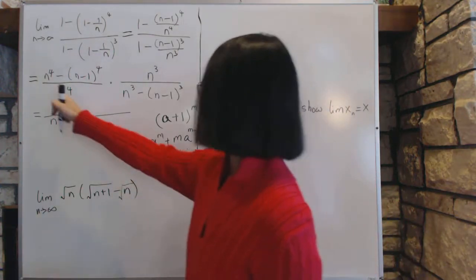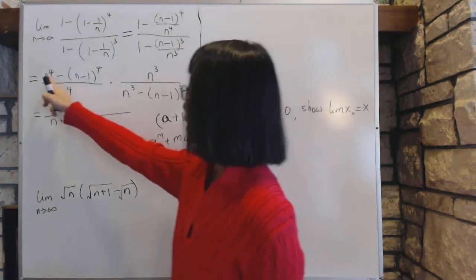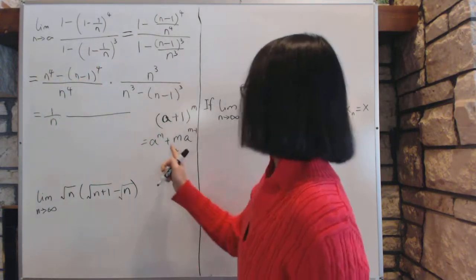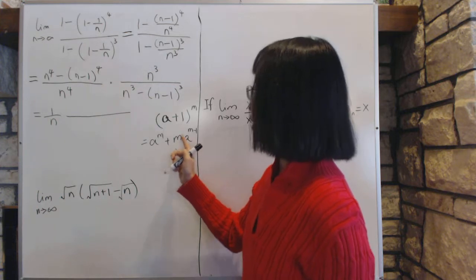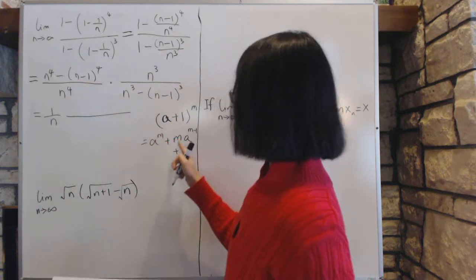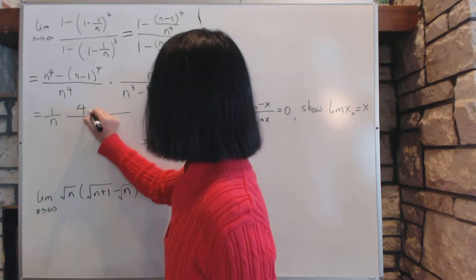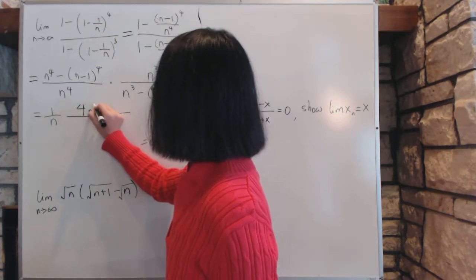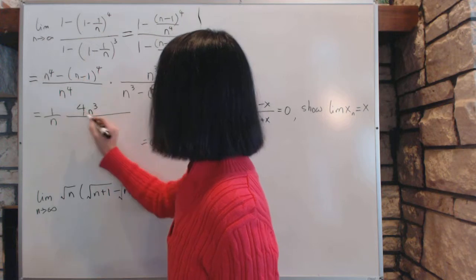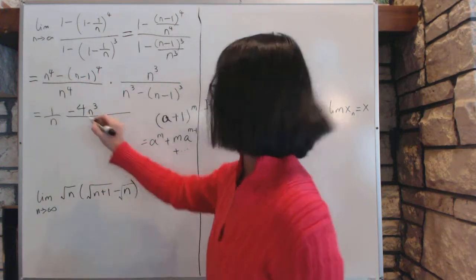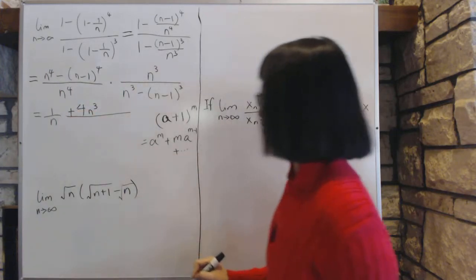So this subtraction is equal to n to the 4th minus n to the 4th. That's gone. And then the next term here is 4n to the power 3. Because of the minus sign, this is a negative value. However, being that there's another negative sign there, we end up having a positive.